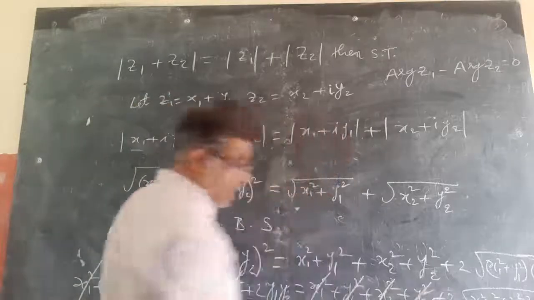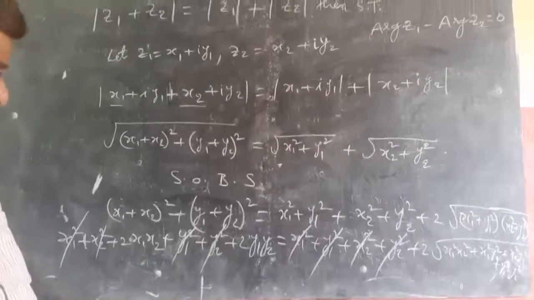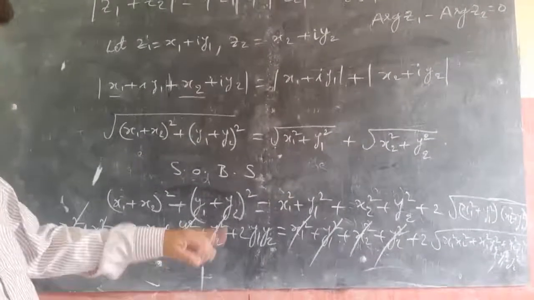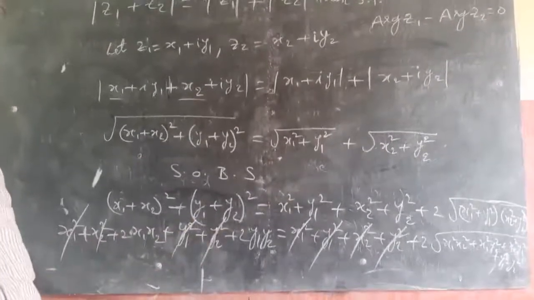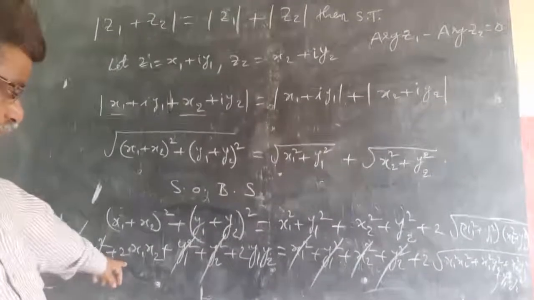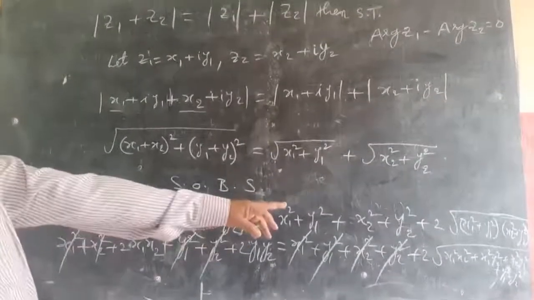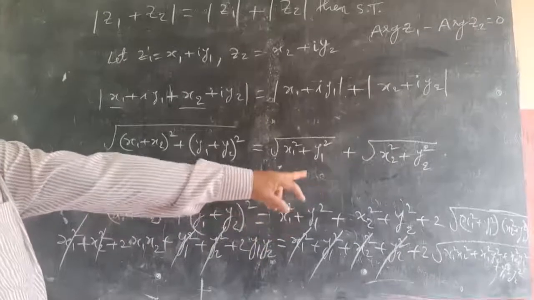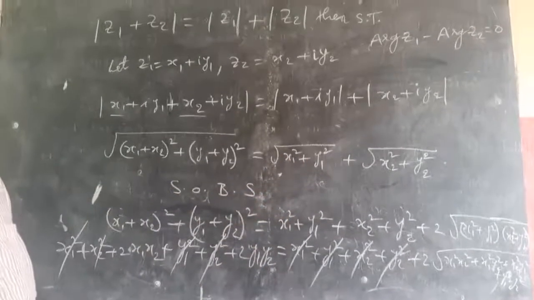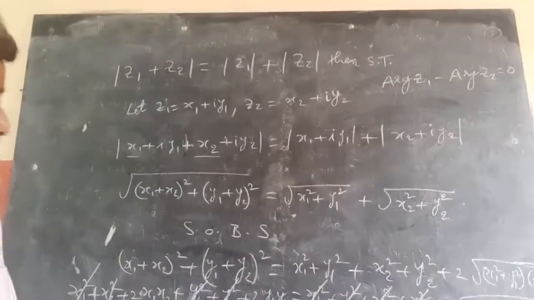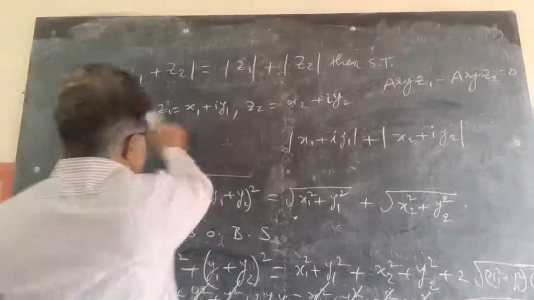Expanding this, x1 square, x2 square, y1 square and y2 square get cancelled on both sides. So left out is 2x1 x2 plus 2y1 y2 equal to 2 into square root of the product of the two, simplified.